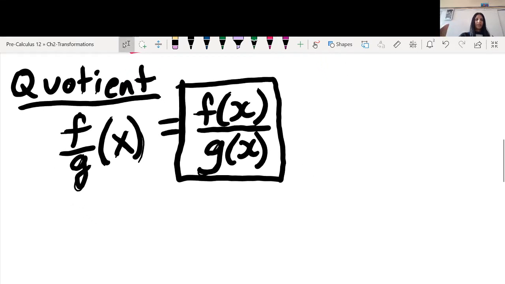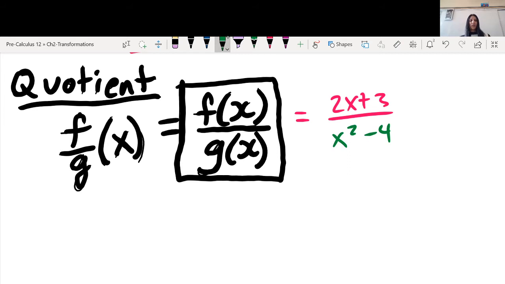Okay, next comes quotient. So with our quotient, we're still using the same functions here. So f over g of x is f of x over g of x, and our f of x was 2x plus 3. And our g of x, I'm color coding them so that you can keep track of all of this and remember what everything is.